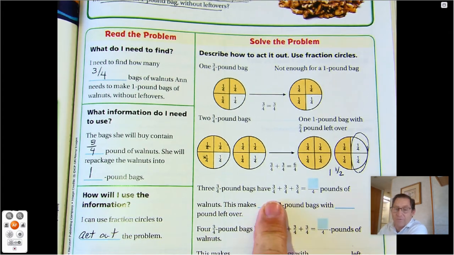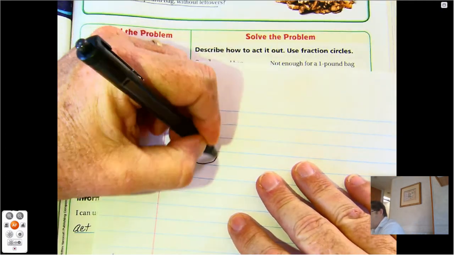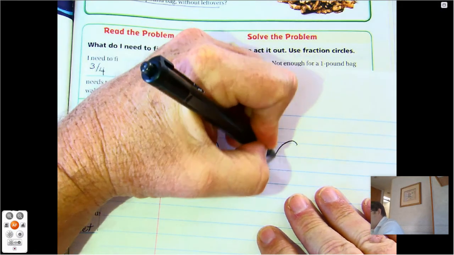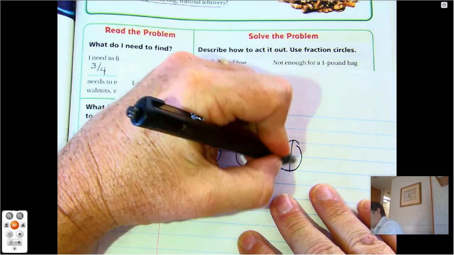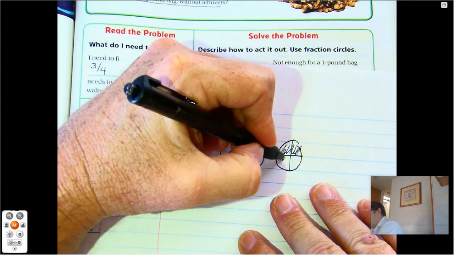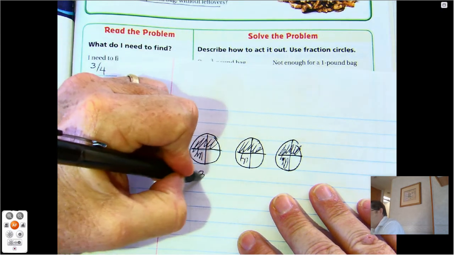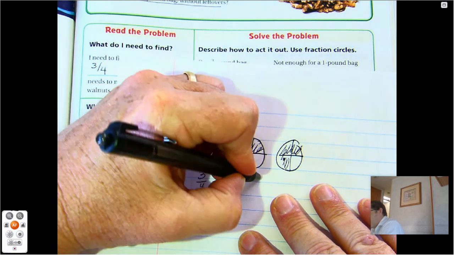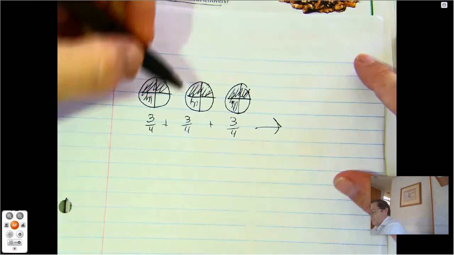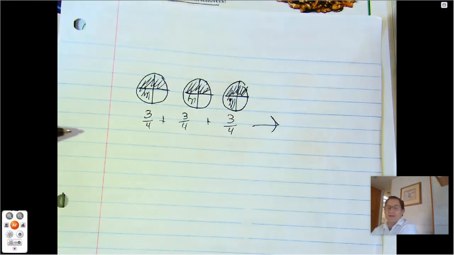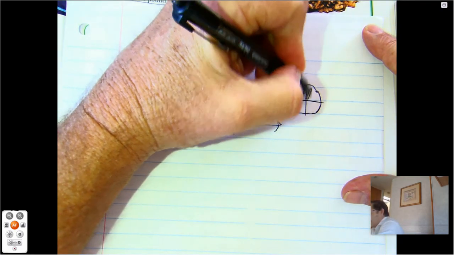So let's try three 3/4 bags. Okay, and let's show that here. So 3/4 and 3/4 and 3/4. And what does that equal? Well, 3, 6, 9/4. So let's go ahead and fill one completely in.